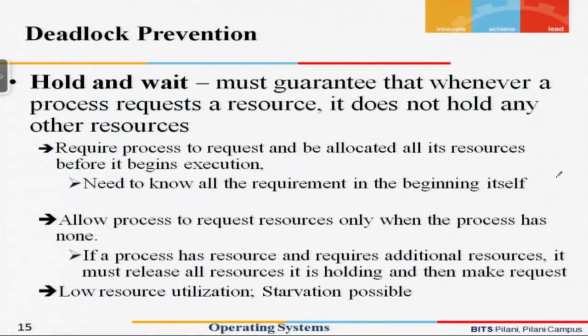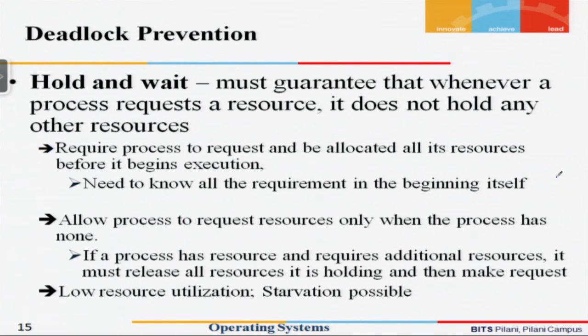So it is possible that I acquired 2 resources and then I require a third resource. As per this protocol I am required to release the 2 resources which I am holding and now make a request for 3 resources, and it may just happen that these 3 resources may not be available at that point of time.